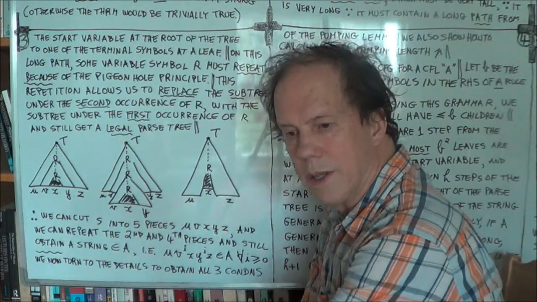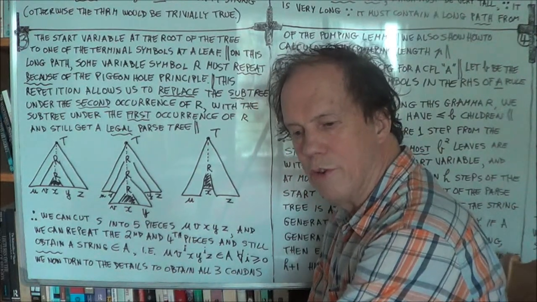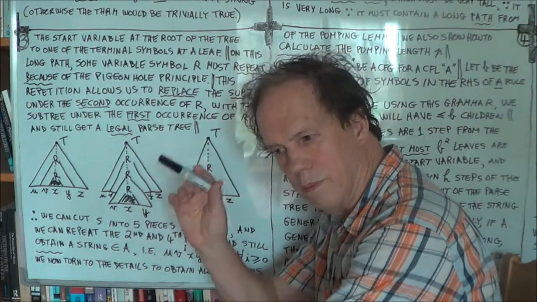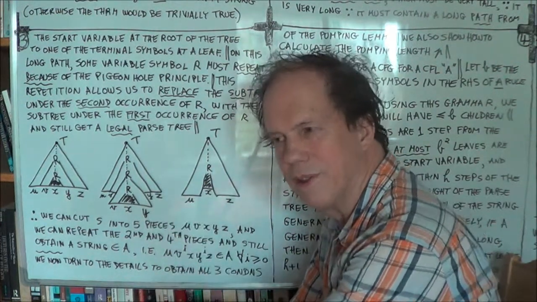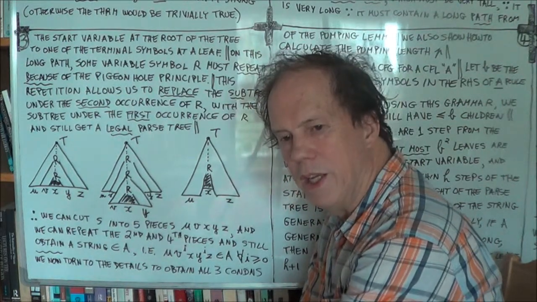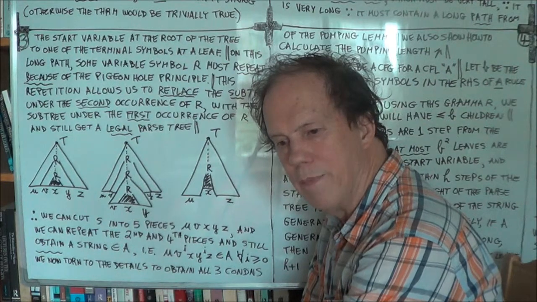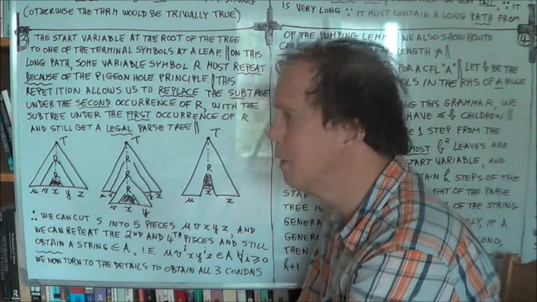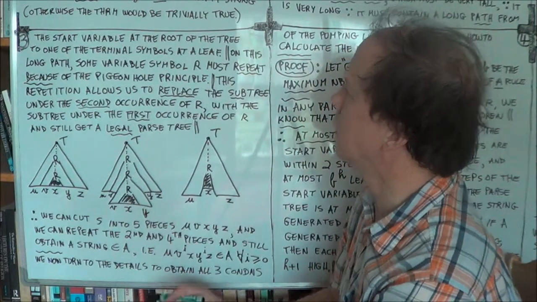Now we've assumed that s is long, and therefore the parse tree will be long in depth. It will have great depth, and therefore any path from the root node to a leaf, let's say, will be long.